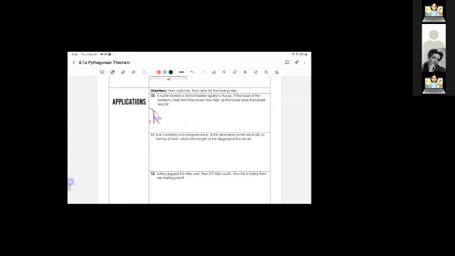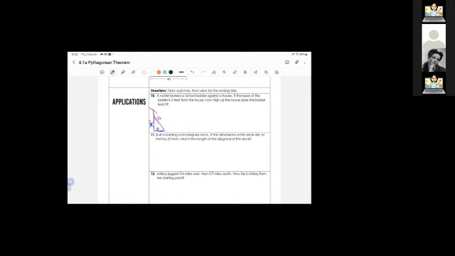This is funny because this is not very scaled. Look, here, we'll make it longer. 16 feet, here's the house. And we know that this right here is 5 feet because it said 5 feet from the house. And so the question is, how high up the house? We're looking for this as X.